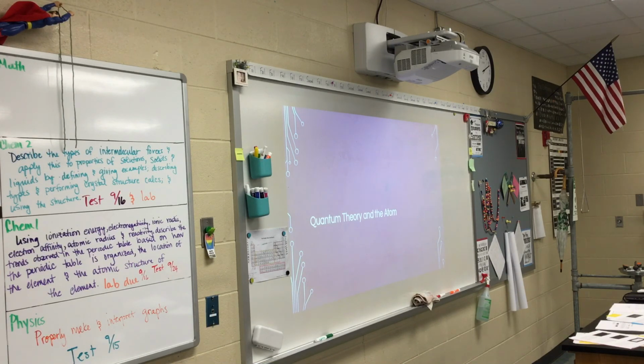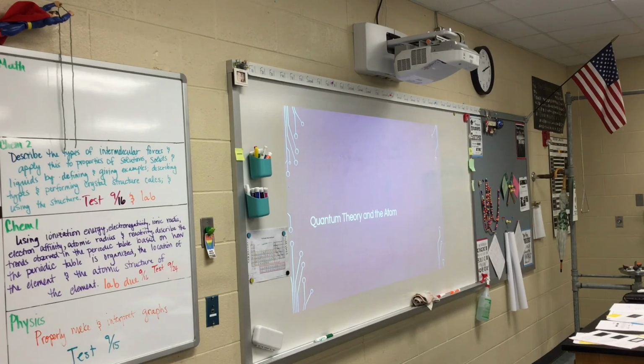Max Planck's big contribution is this: matter can gain and lose energy in small, specific amounts, and he called those small, specific amounts quanta. Quantum is the singular version of that, and the definition of a quantum is the minimum energy gained or lost by an atom.